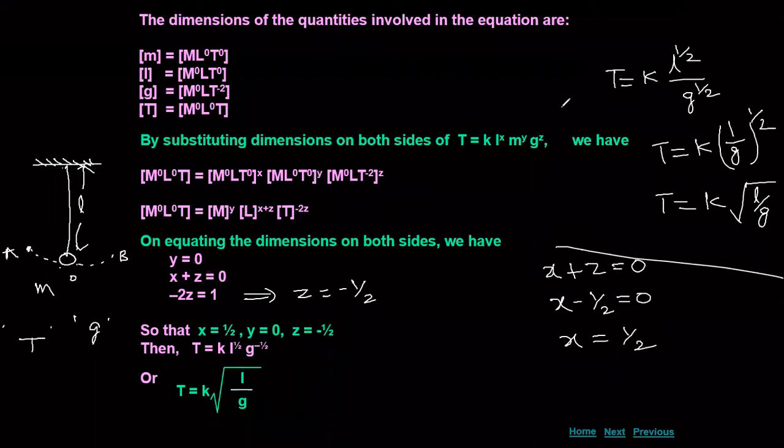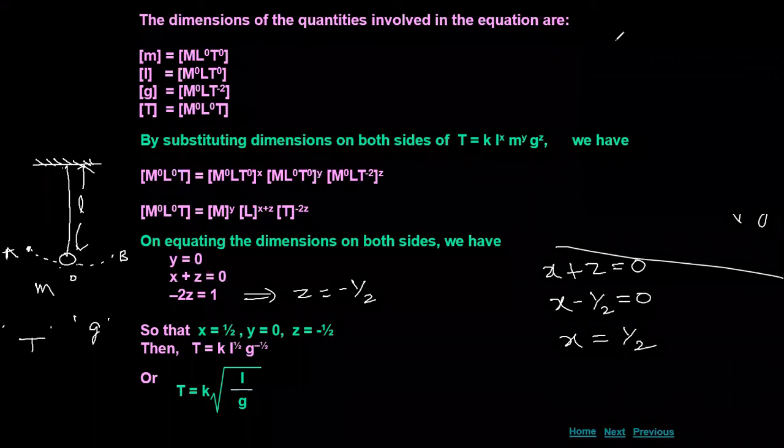If a quantity is dependent, definitely it will come in the end result; if it is independent, like mass here, it will not. That is how we find the relation among physical quantities by using the dimensional analysis method.